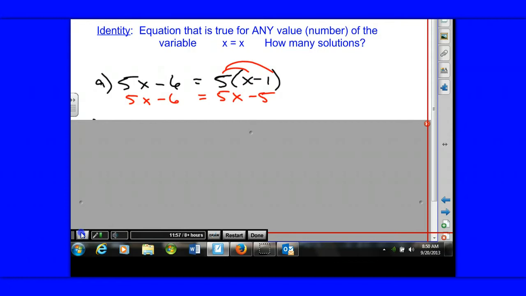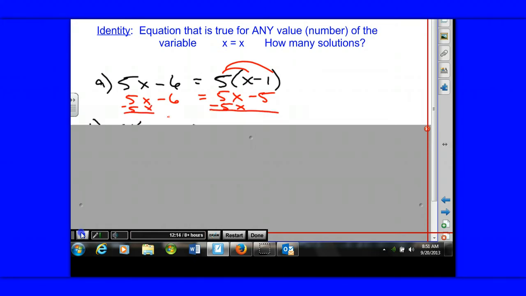Is that an identity? Well, if we try to solve this, we could, first of all, try to collect the variables to one side, and we do that by subtracting 5x from both sides, since they're the same, and we are left with a really strange equation. Negative 6 equals negative 5.